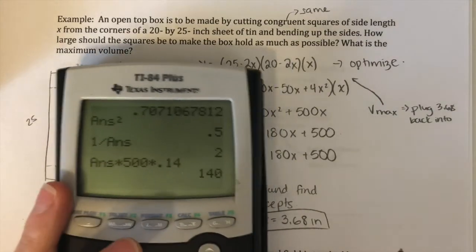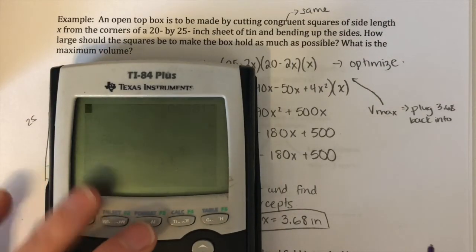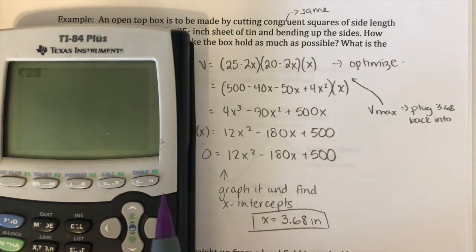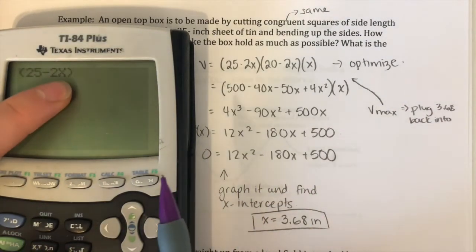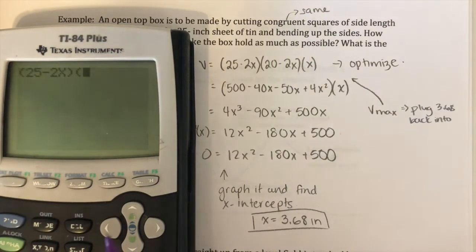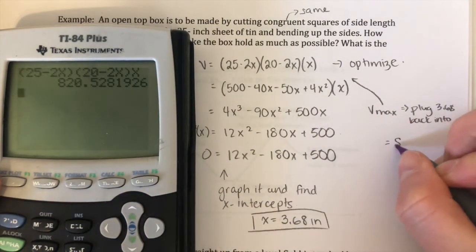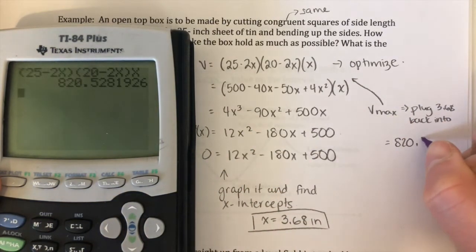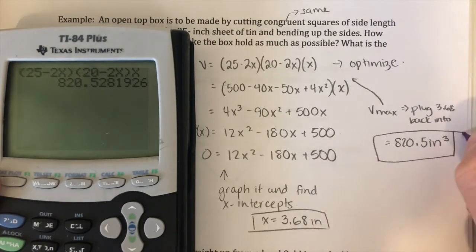So you can get out of there, and then you can go 25 minus 2 times x, and it's going to use that x value that it's remembering. So then minus 2x and then times x, hit enter. So it's going to be 820.5, and this is going to be inches cubed because it's a volume.